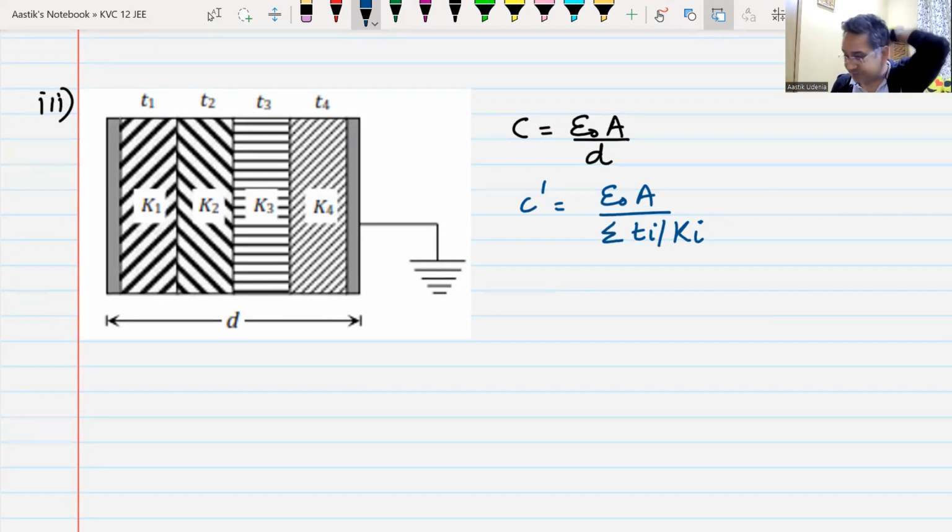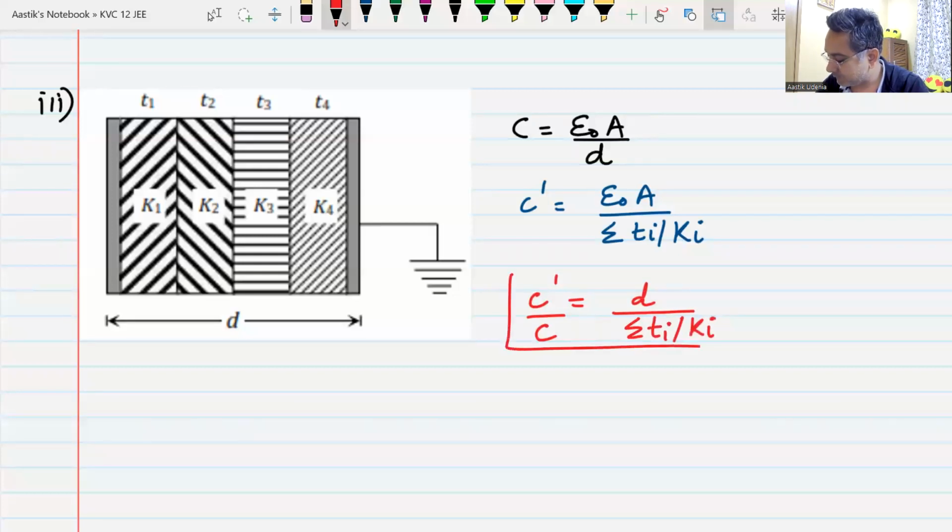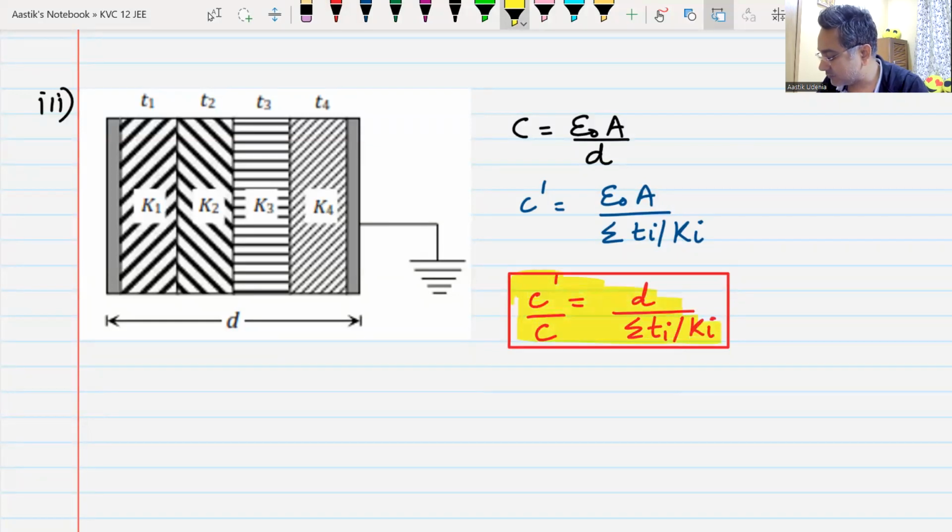So in this case, C dash by C will turn out in this fashion, summation of Ti by Ki. That will be your effective capacitance in this case. Do we understand this? Yes or no?